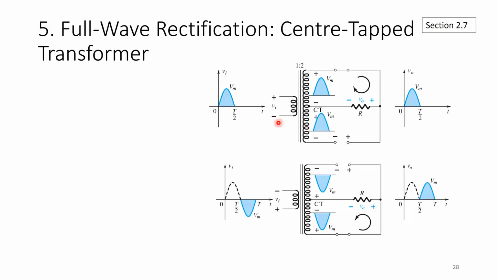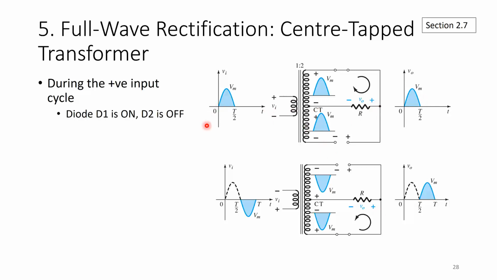So when this is V-in and it is the positive cycle, during the positive input cycle, V-in is produced at the top section, and because the diode at the top section has its positive terminal in the direction of positive current flow, the top diode, which is diode D1, is on, but diode D2 is off because this is going to be negative with respect to ground, or rather we can say that the lower potential of V-in is going to be connected to the positive terminal of D2, therefore D2 is off.